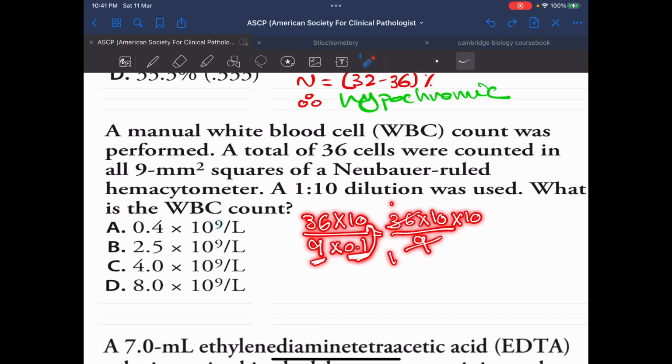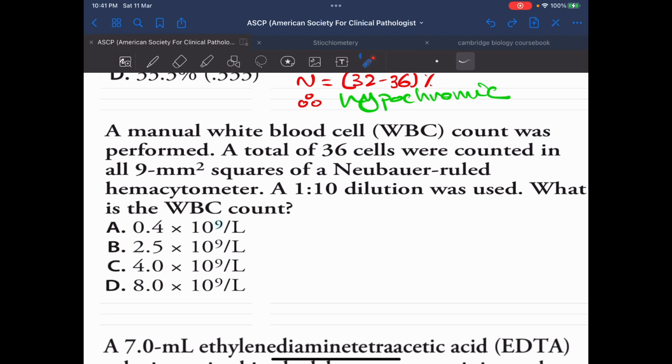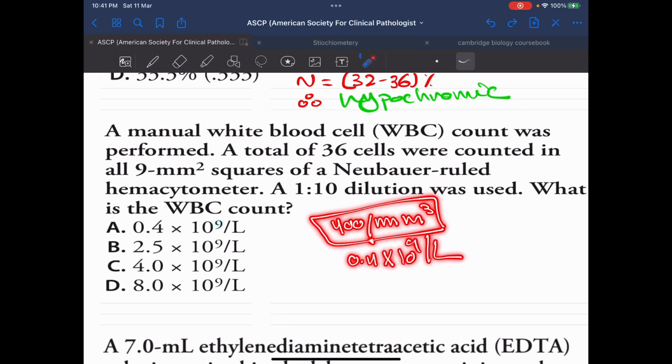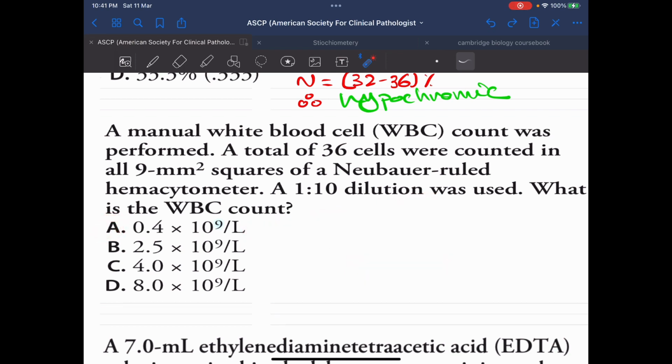By calculation, it will be 400 per cubic millimeter. So 400 per cubic millimeter is equal to 0.4 times 10 to the power 9 per liter. So A is the correct answer.